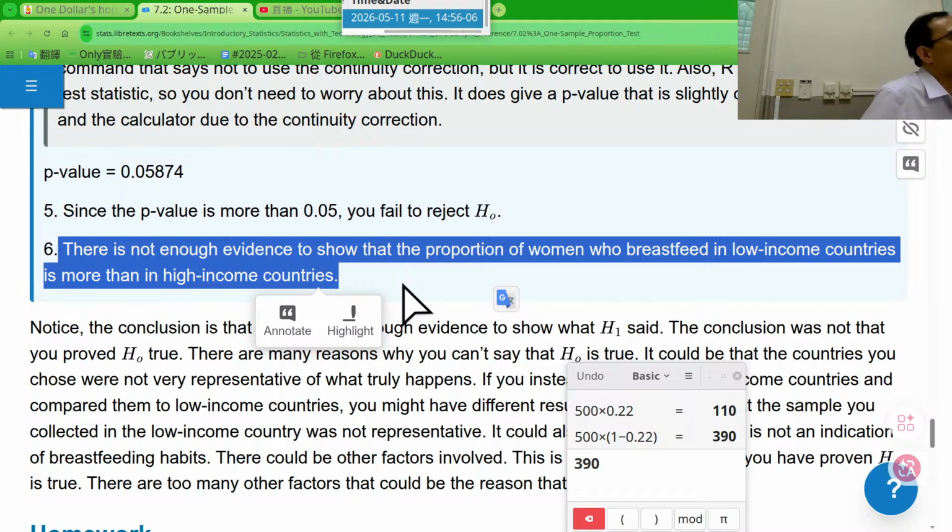I listened to a podcast and a YouTube channel. Some statistical experts explain like this: if some people go to the hospital and have a health exam, they take a very strict attitude toward their exam results. For example, they set the alpha level close to 0.1.